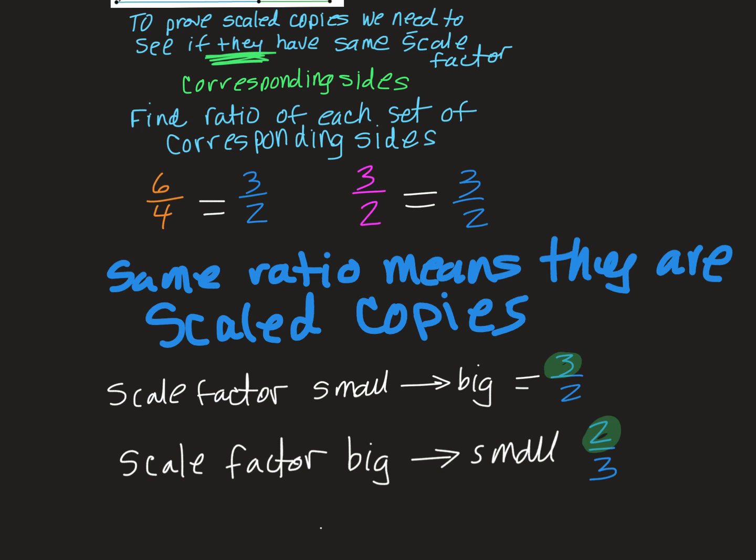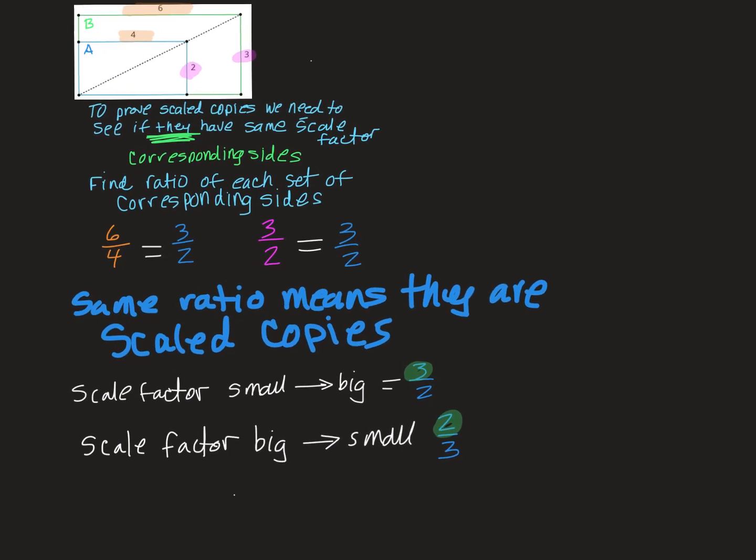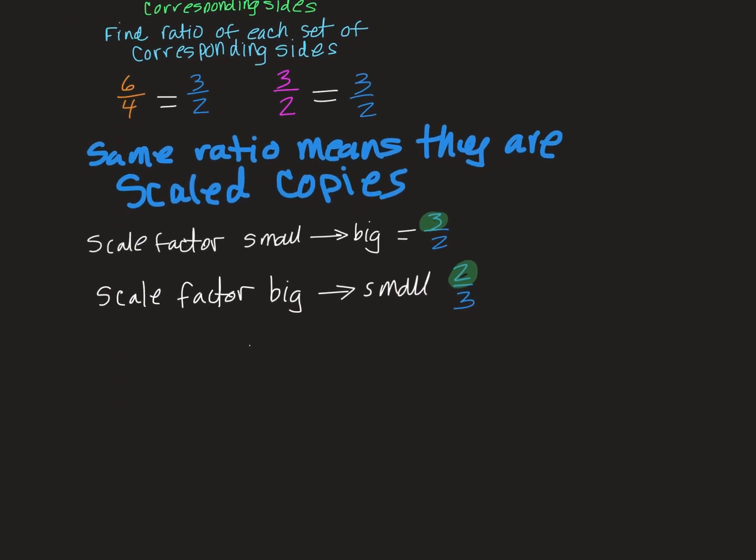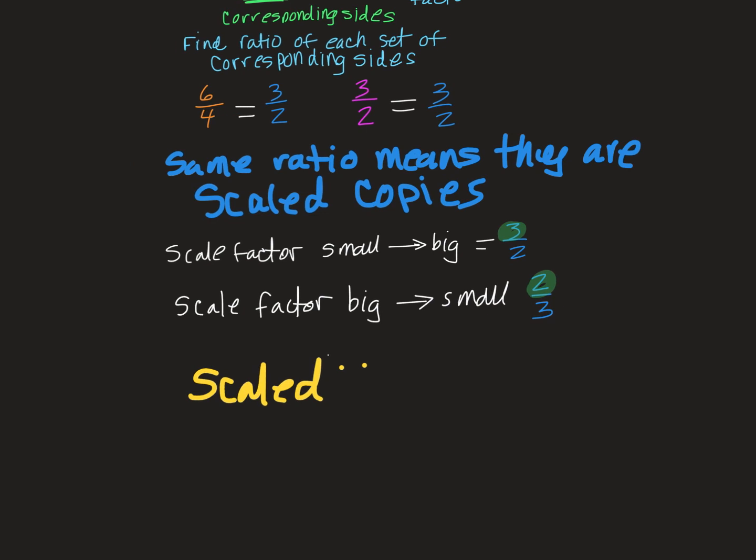Is anybody not okay if I scroll up? Because I want to show you one other thing that hopefully will make a connection to math. You heard the girl say a word in the video that was proportional, right? So by definition, scaled copies are proportional, okay?